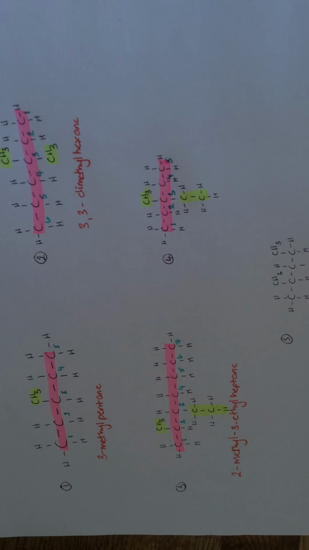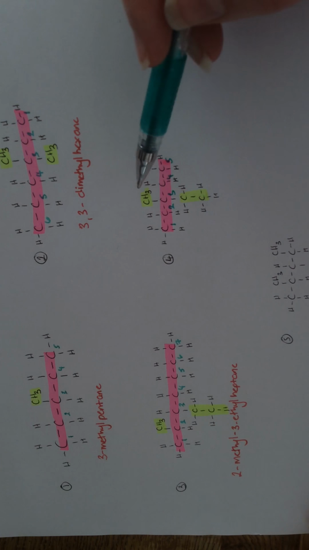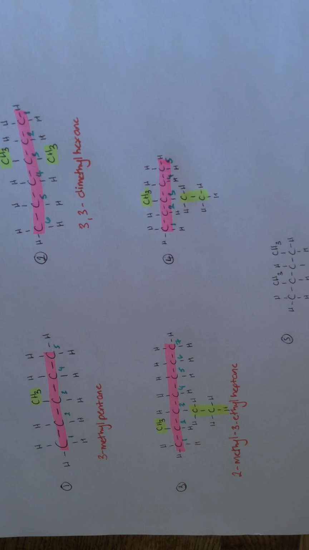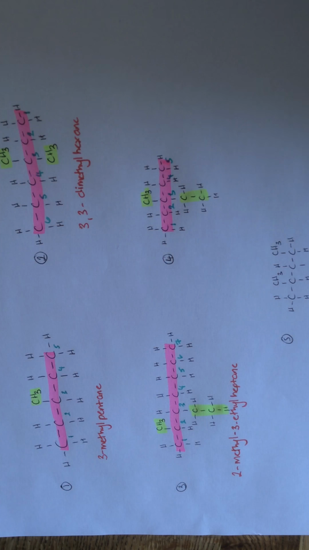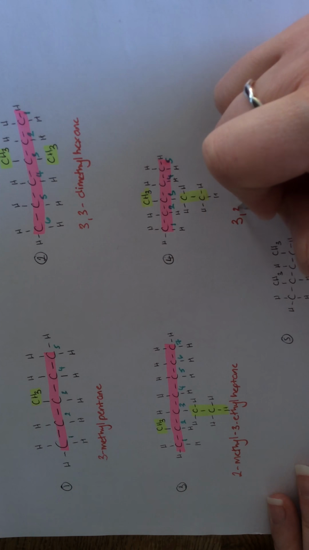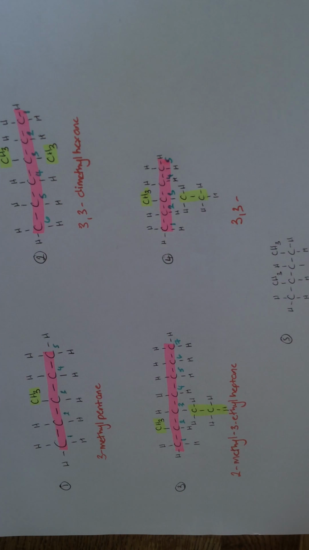Now, unlike number 3, both of these branches, even though they're different, are on the same carbon, and therefore they must be alphabetized. They both get a number to start with, because every single branch must have its own number. So 3,3 because they're both on the same carbon.